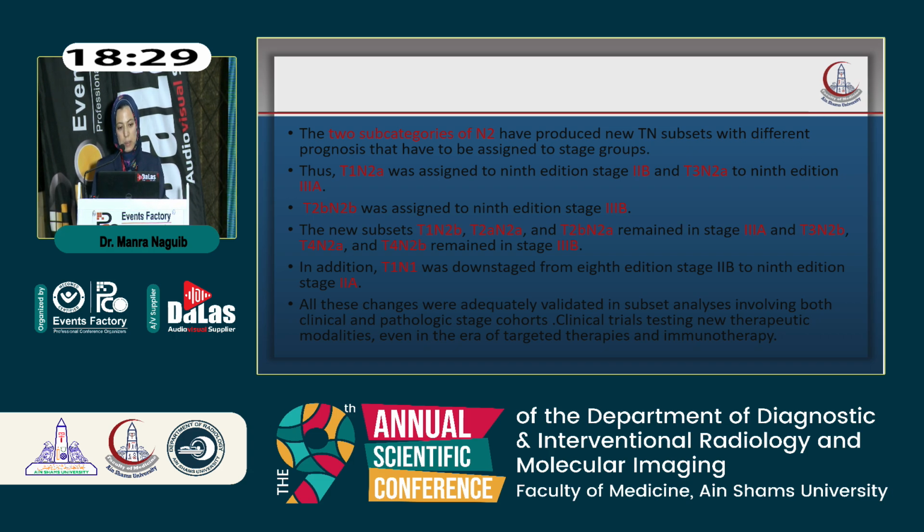T1 N2b, T2a N2a, and T2b N2a remained in stage 3A. T3 N2b, T4 N2a, and T4 N2b remained in stage 3B. In addition, T1 N1 was downstaged from 2B in the 8th edition to 2A in the 9th edition.